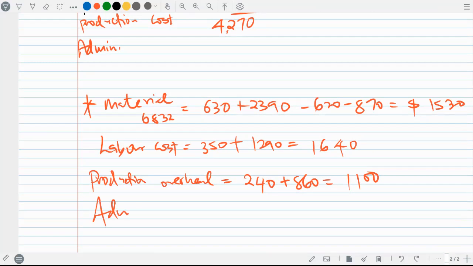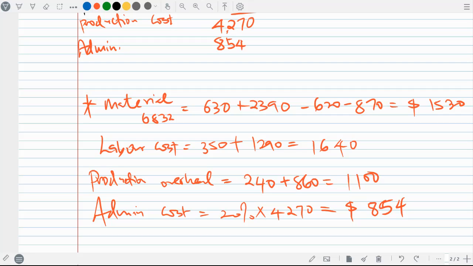So admin cost is 20% of the cost so far, 4270, to give us how much? 854. Therefore admin cost here is 854.